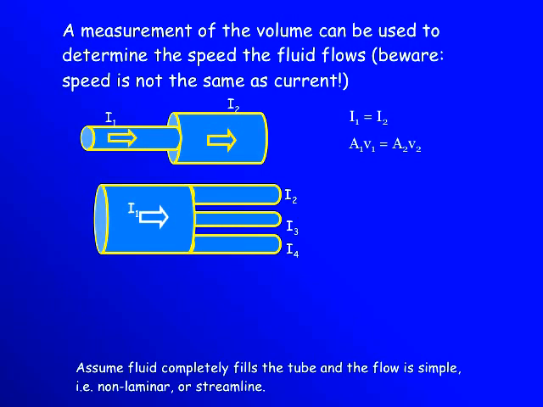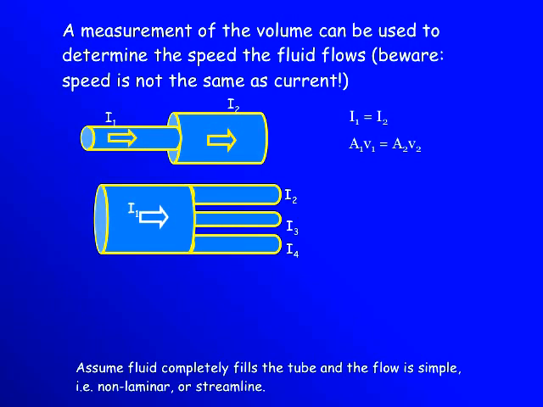So the current in I1, if the pipe has a cross-sectional area of A1, then it has a velocity of V1. Now we know that V2 in the wider part, with cross-sectional area A2, must be slower. So A2 is bigger, which makes V2 slower.